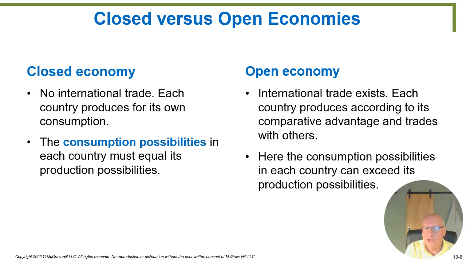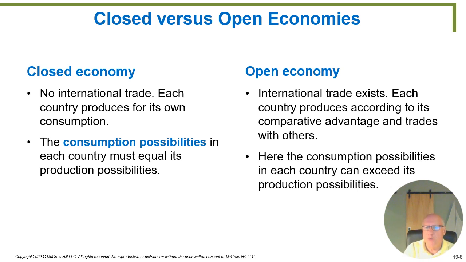For political reasons, North Korea chooses not to trade with the outside world, except a small amount of trade with China, but overall they are the closest example of a closed economy. So the consumption possibilities of the North Korean people must equal its production possibilities. The total production you can do on your own soil determines what your people can consume.